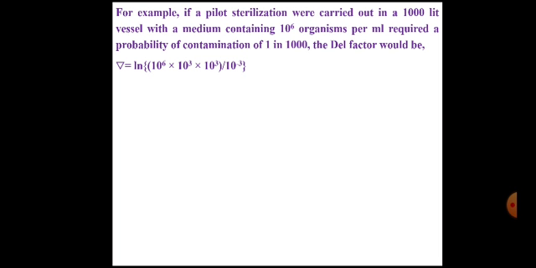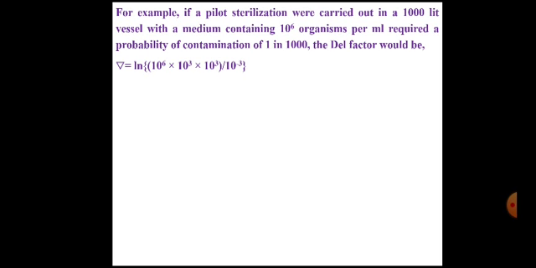So one value, that is 10 raised to 3, is included here because it is conversion from liters to ml, and second 10 raised to 3 value is that 1000 liters. So it will be 10 raised to 6 into 10 raised to 3 into 10 raised to 3. That will be the value of N0. 10 raised to 12 divided by NT.